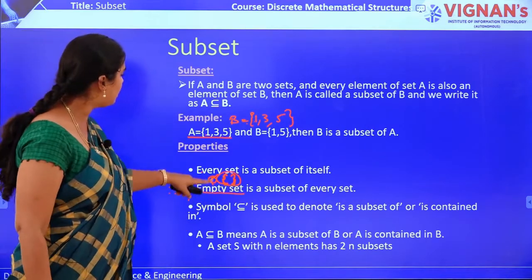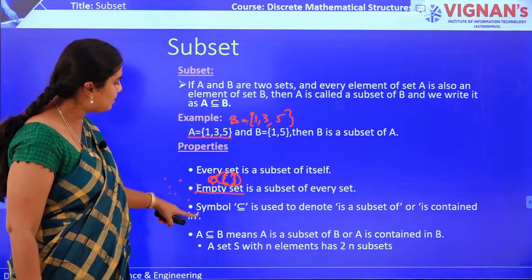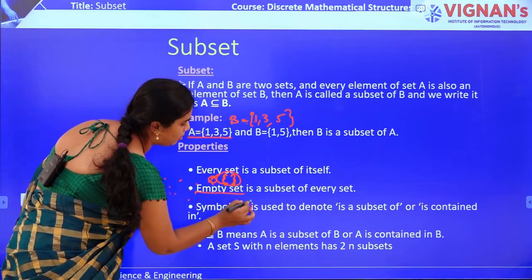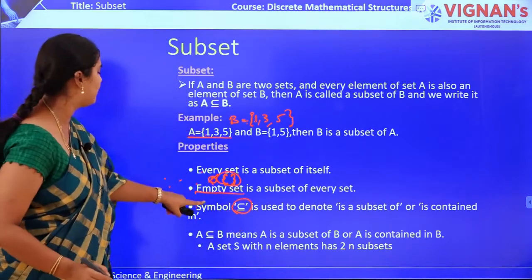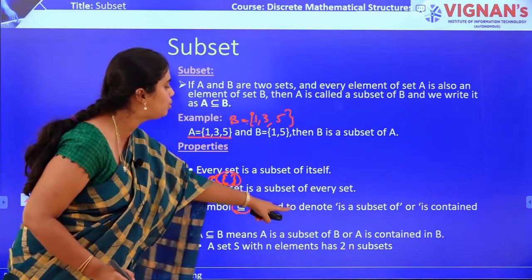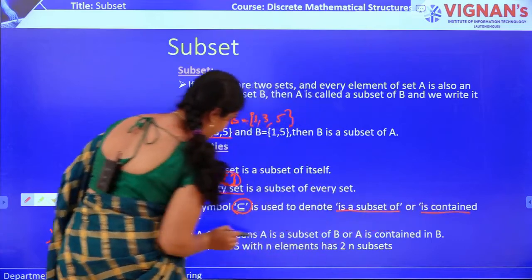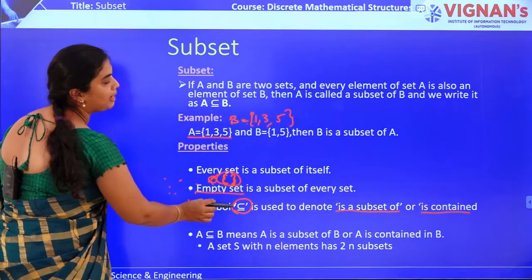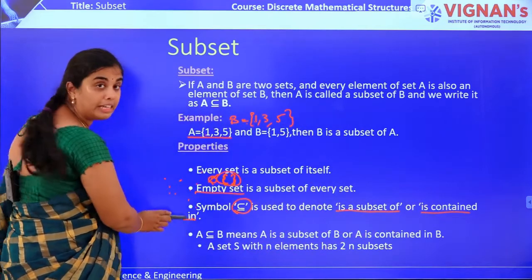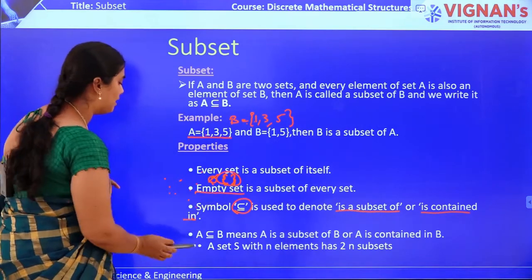I already showed the subset symbol. This is the symbolic notation of denoting a subset. The symbol ⊂ is used to denote 'is a subset of' or 'is contained in'. This is the symbolic notation and this is the statement notation of a subset.